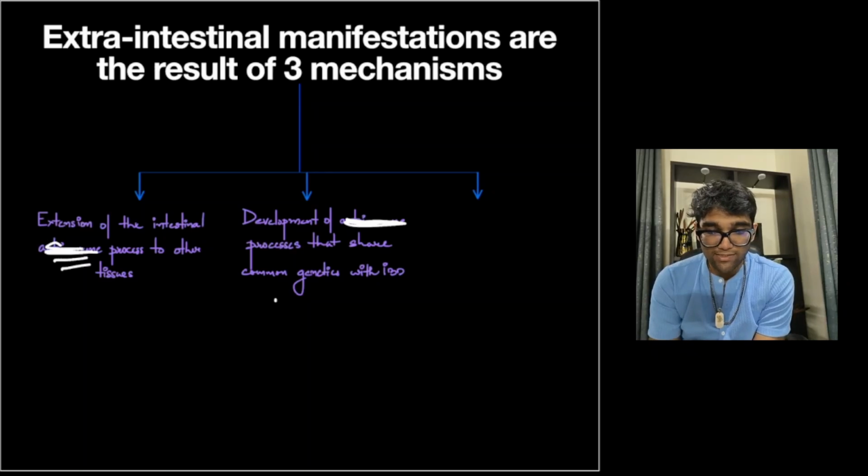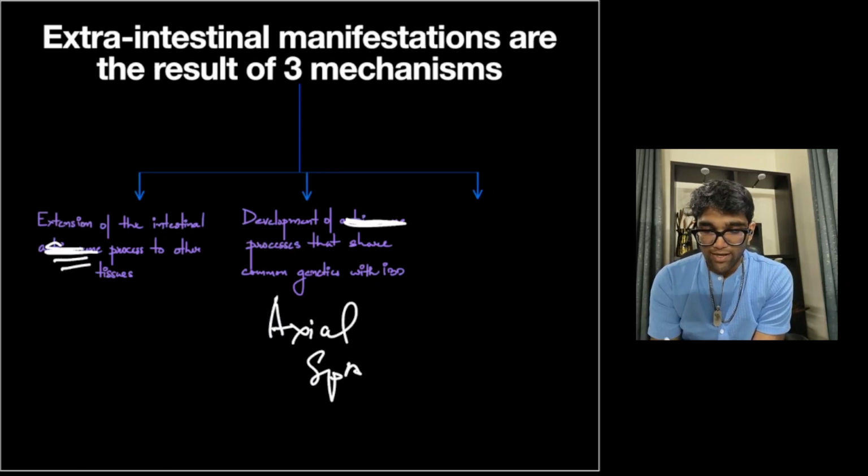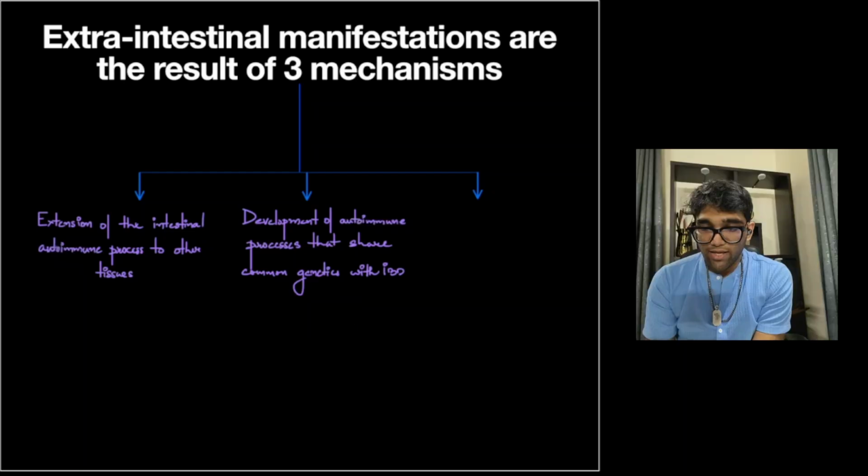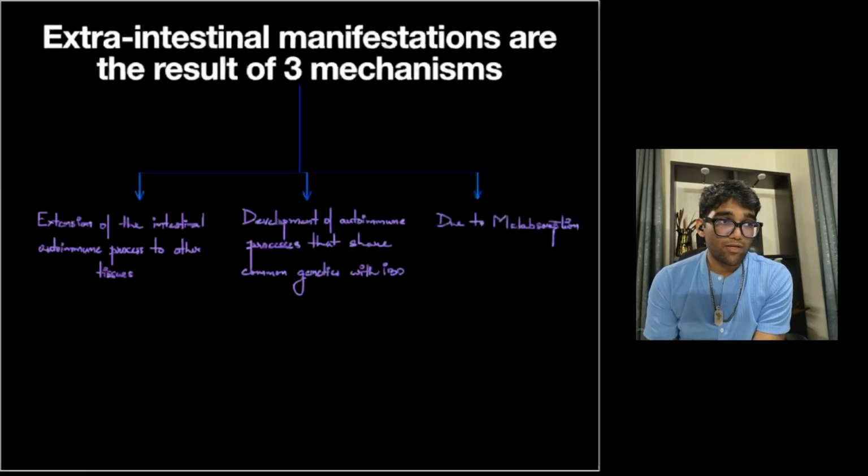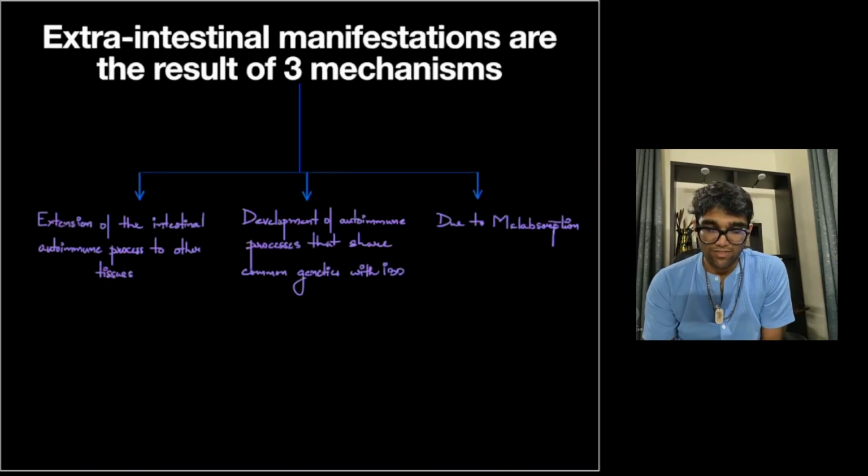The classical example of this is axial SPA or ankylosing spondylitis, and we'll be getting into this in our next discussion on extraintestinal manifestations. And finally, it can be due to malabsorption, and obviously malabsorption will occur because absorption occurs in the small intestine, so it will occur in Crohn's disease, because Crohn's disease is the one that can affect the small intestine.